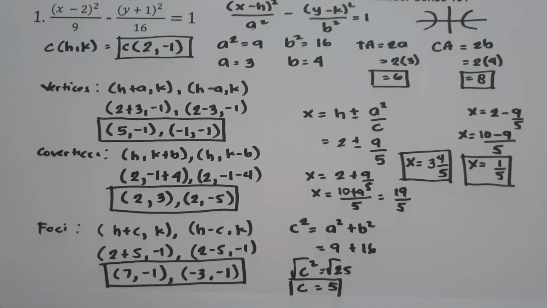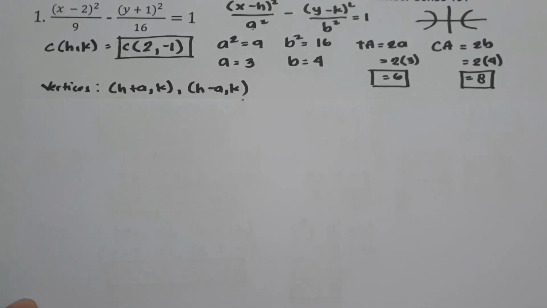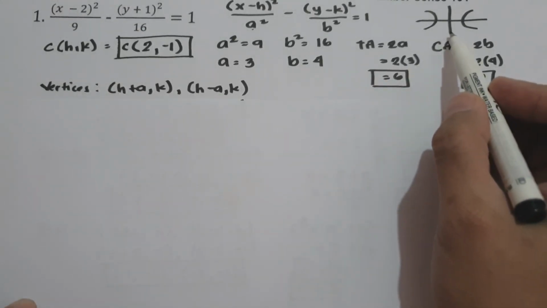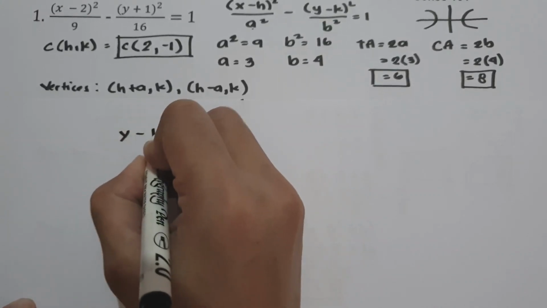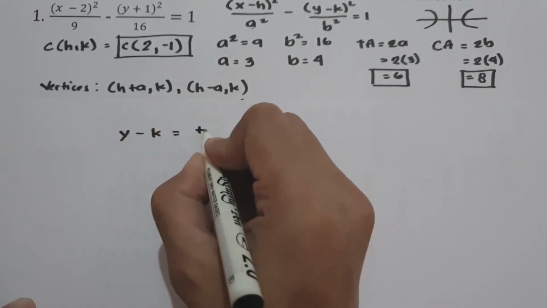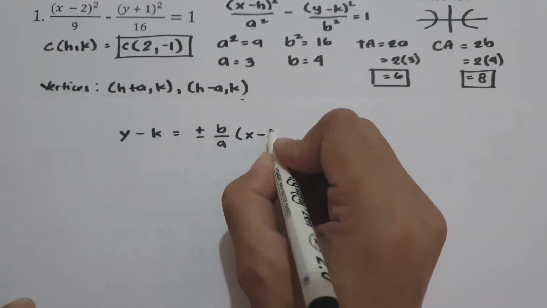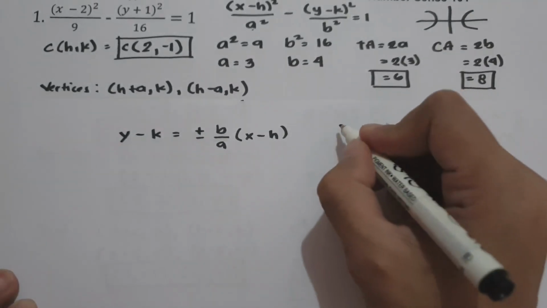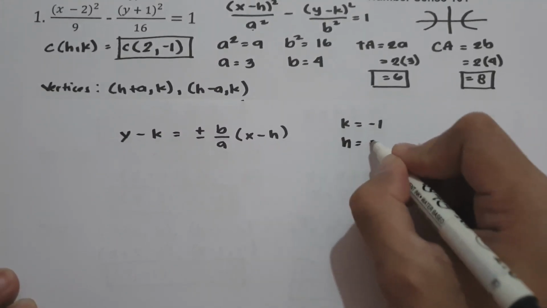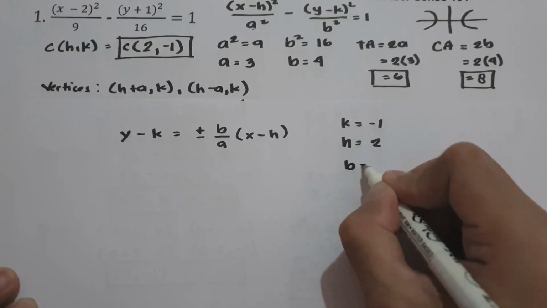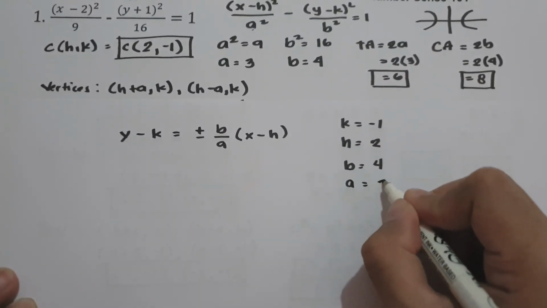And to find the asymptotes of the hyperbola, let us have another sheet of paper. Since our hyperbola is horizontally oriented, we are going to use y minus k equals positive or negative b over a times the quantity x minus h, where the value of k is negative 1, the value of h is positive 2, the value of b is 4, and the value of a is 3.